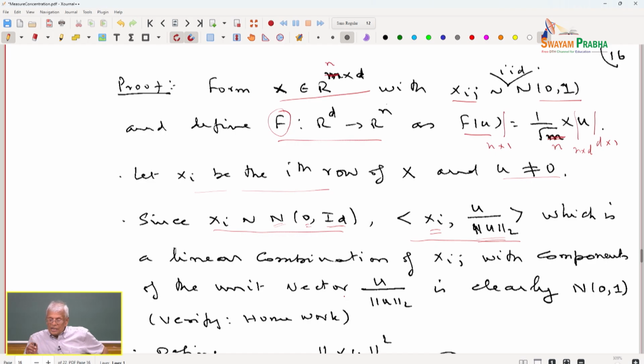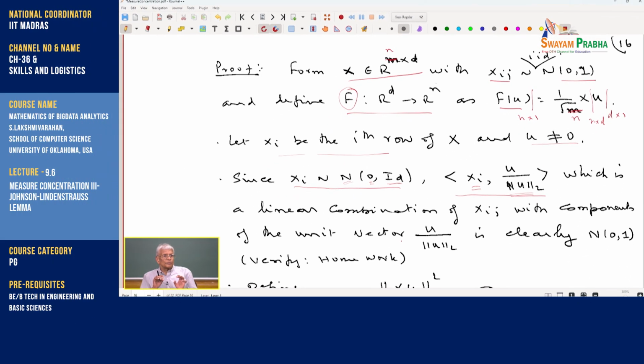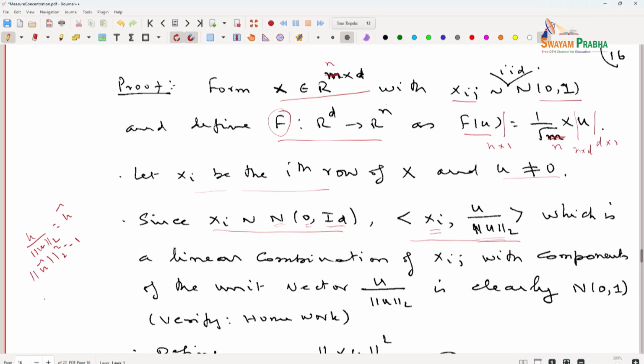Now please understand, the components of Xi are standard normal. U divided by the norm of U is U hat, and the norm of U hat is 1. So that means the sum of the squares of the components of this normalized vector is 1.